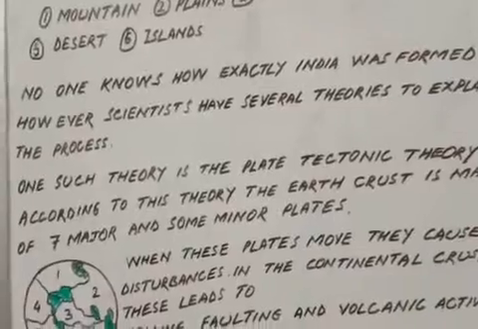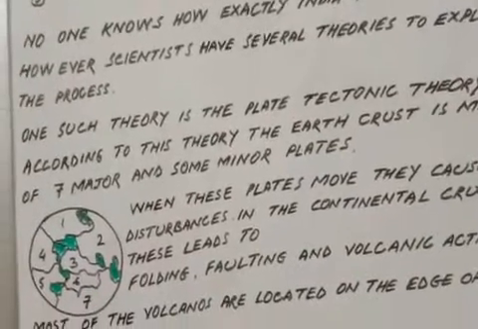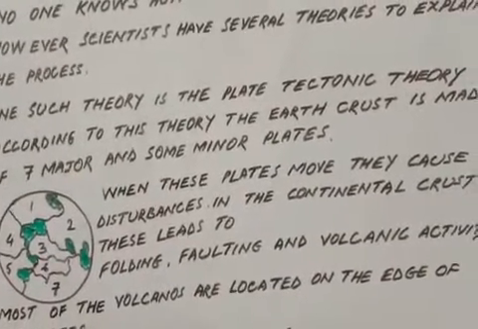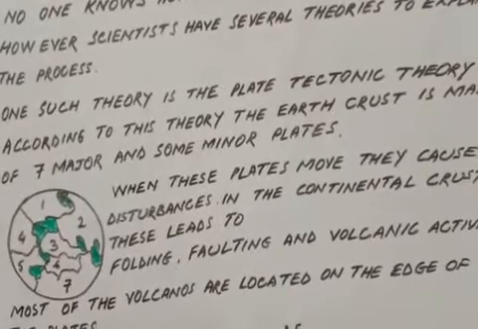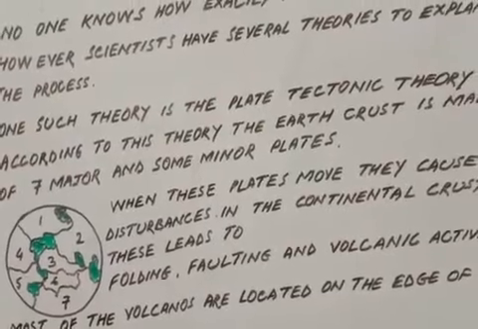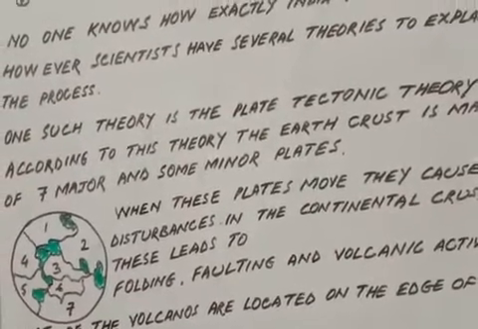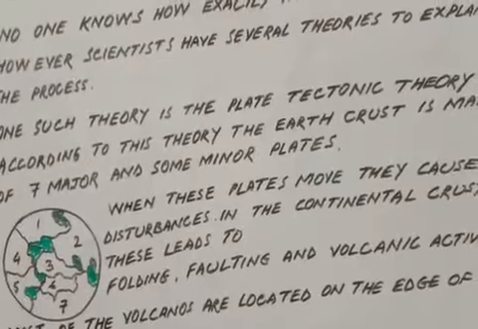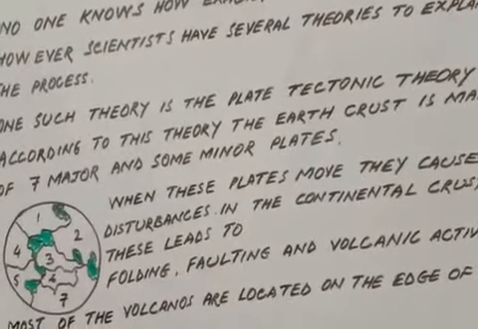See the diagram. So earth is made up of plates. There are 7 major plates. You can see the marking, and some minor plates, that is small plates, that are colored green.